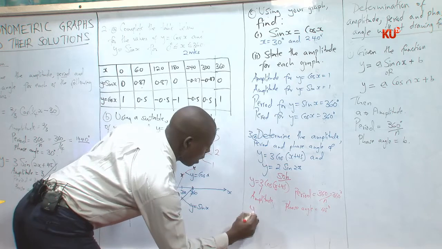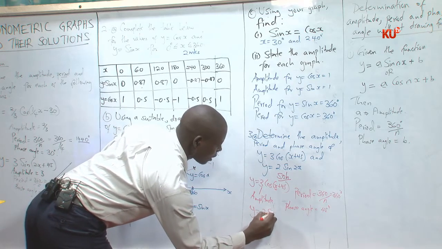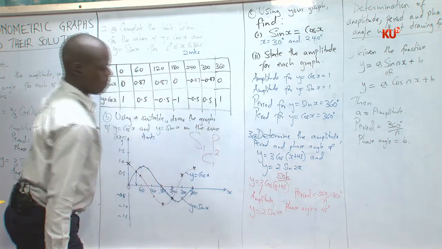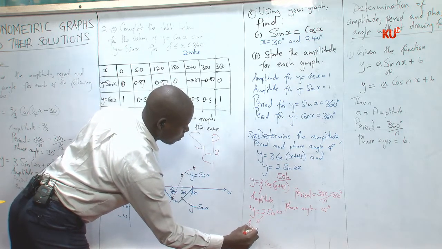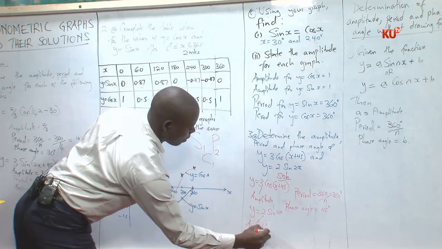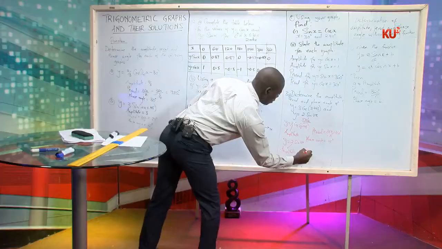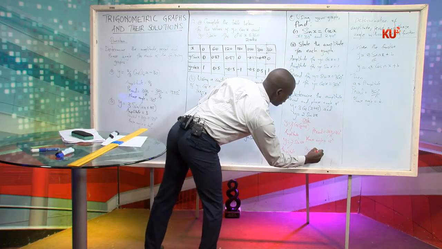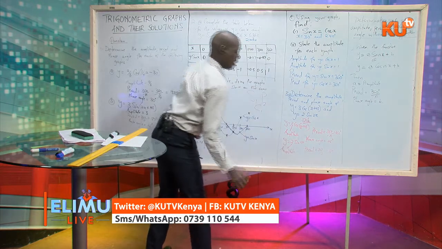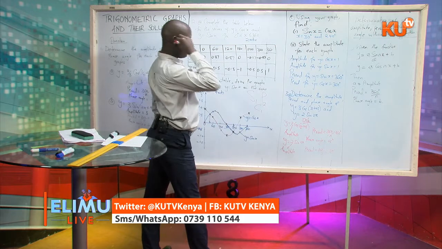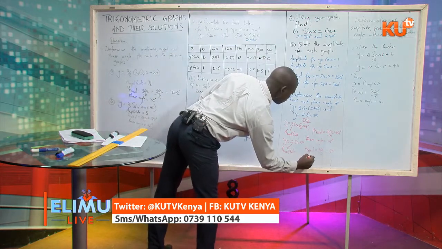For the curve y is equal to 2 sine 2x, the amplitude is 2. This is the amplitude. And then the period will be 360 over 2, which is 180 degrees. And in this case, there is no phase angle, so it's equal to 0.